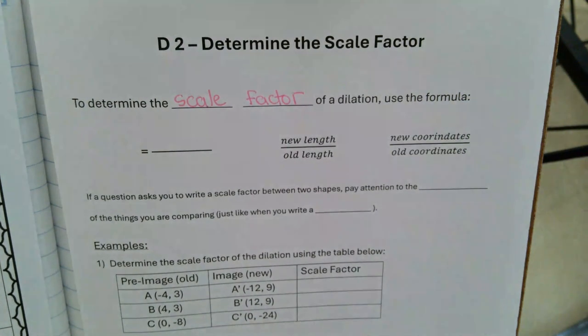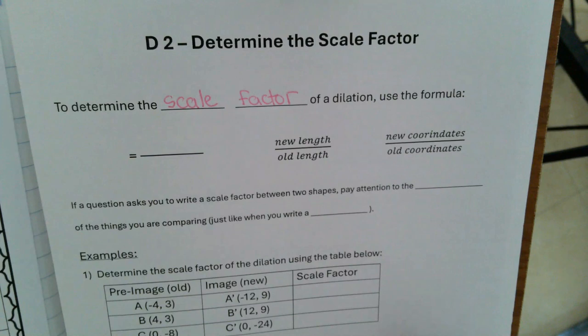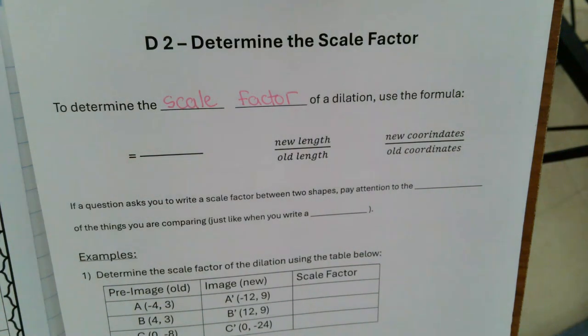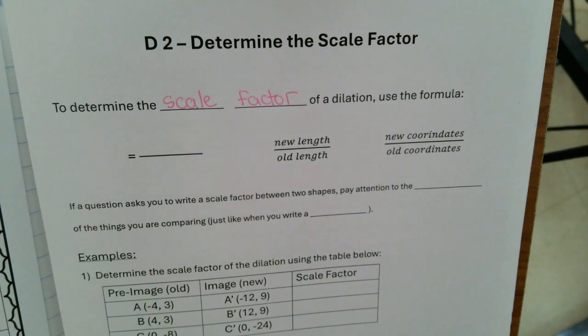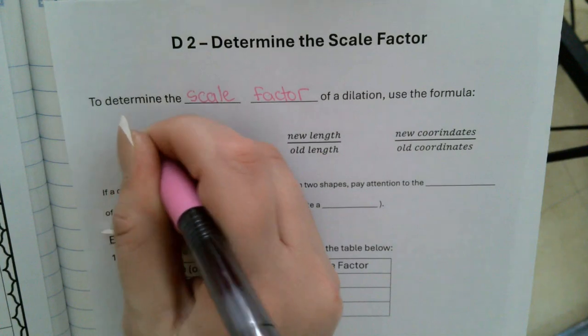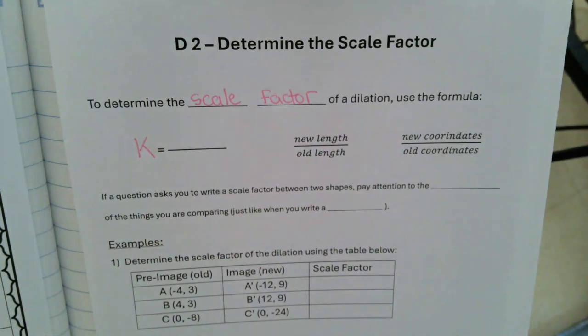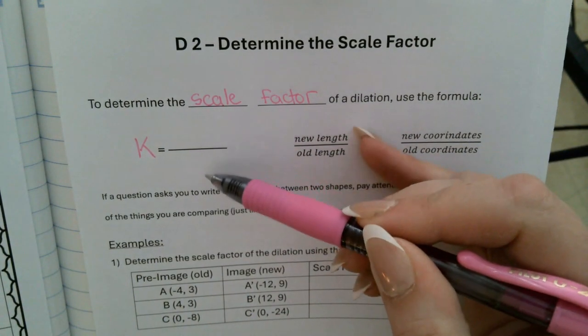To determine the scale factor of a dilation, you're going to use this formula. So what letter did we use to represent scale factor? Not X. K. So K, or our scale factor, is equal to, what do you think we're going to put in our numerator and denominator?